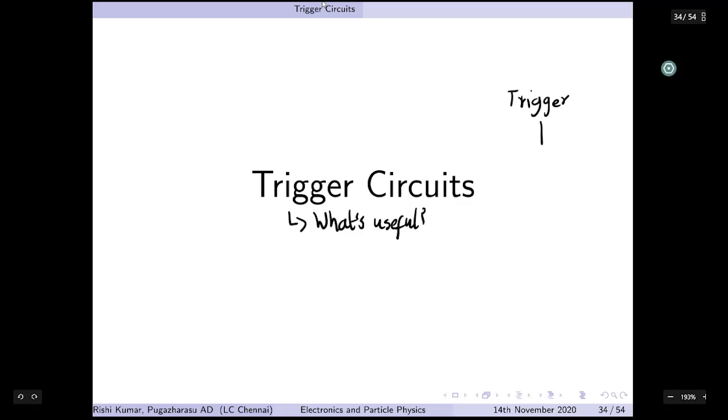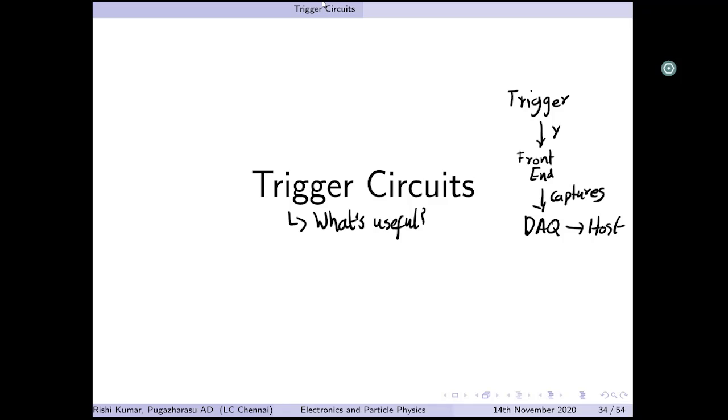So is it useful? And if my answer is yes, then I go to my front end, and my front end captures it, and then it goes to my DAQ and then DAQ to host. So this is the basic process in a nutshell.